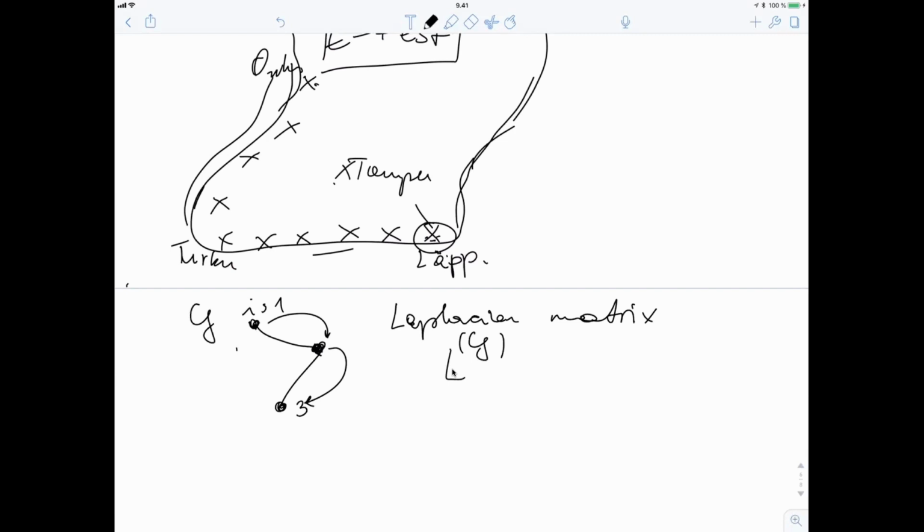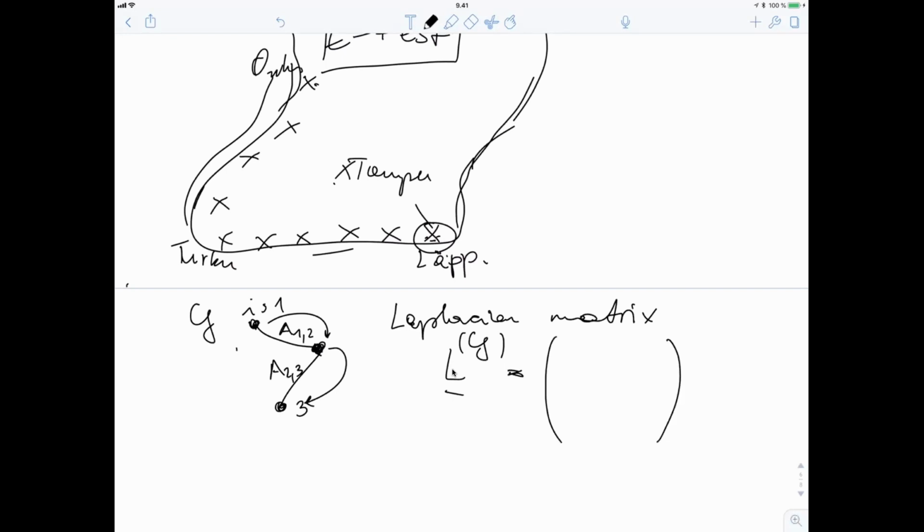So this is an empirical graph. We have here edge weights. So how many of you know how the Laplacian matrix of a graph is defined? I'll step through it.